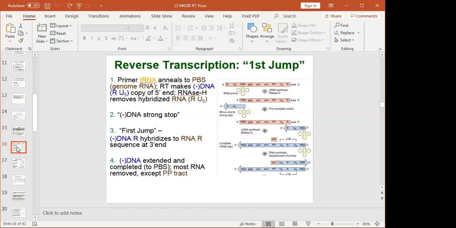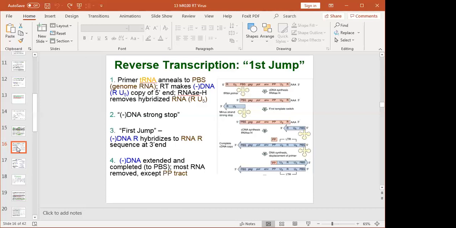Once this hybridization happens, the negative DNA strand continues its synthesis. So it makes a copy of the R region, U3 region, PP, envelope, POL, GAG, and PBS. Because PBS is where it actually started the synthesis, the third line from the top, that's where it stops.